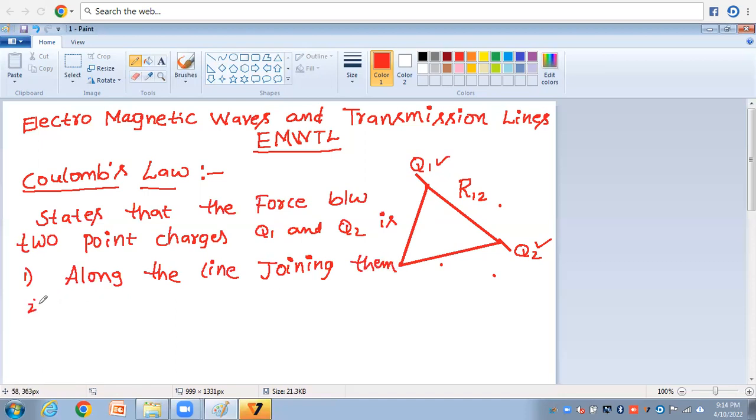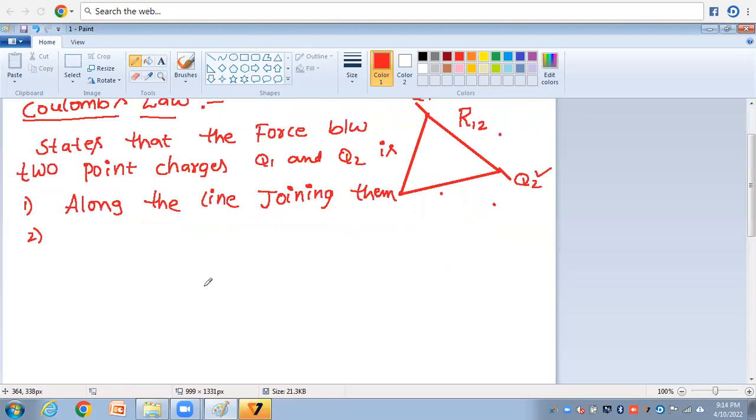The second point: the force is directly proportional to the product of the Q1 and Q2 charges.